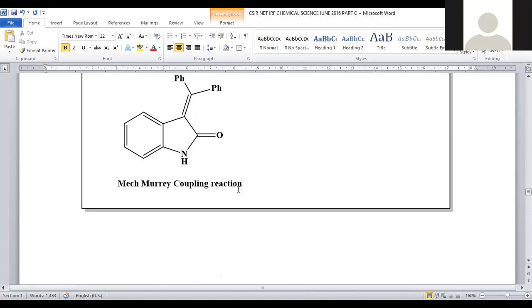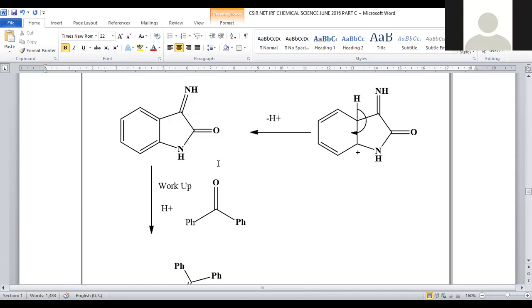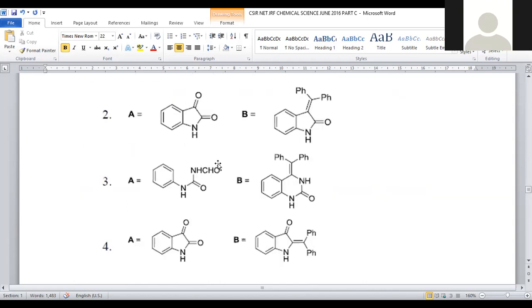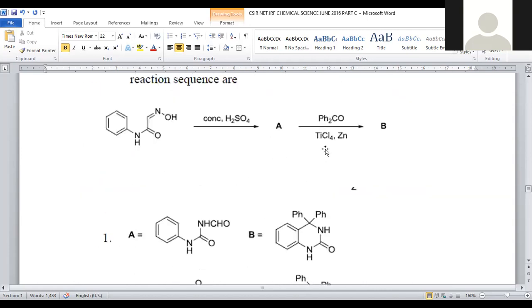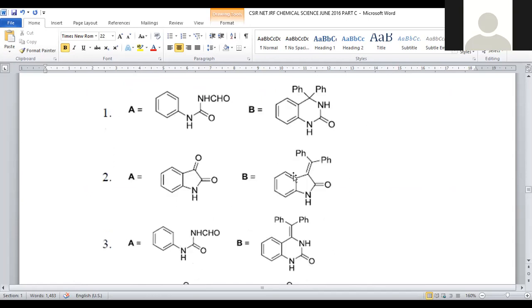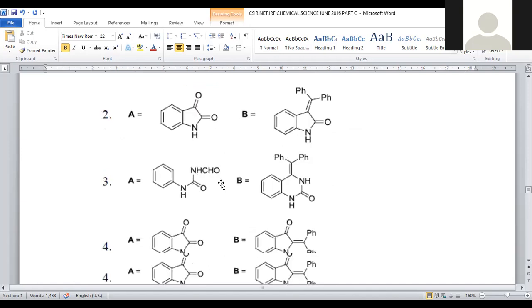This named reaction is the McMurry coupling reaction. Wherever the carbonyl is present, what are the reagents added here? The reagents are selectively titanium tetrachloride and zinc. This is called McMurry coupling, and there is a formation of this coupled product.